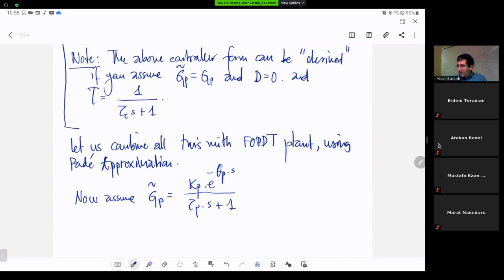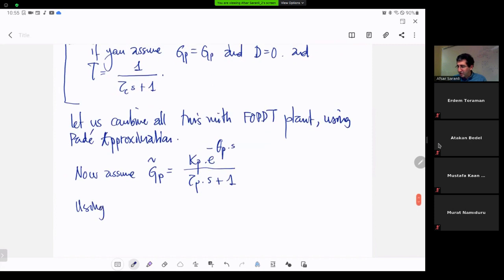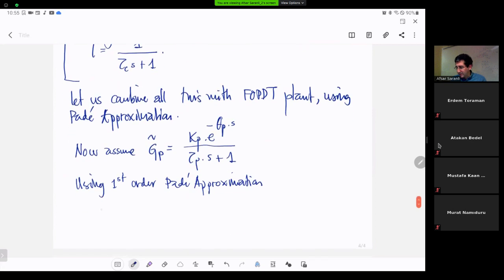Now using first order Padé approximation, the plant transfer function is given by GP tilde equal to this first order part times what's coming from the Padé approximation, 1 minus theta p over 2 s over 1 plus theta p over 2 s.